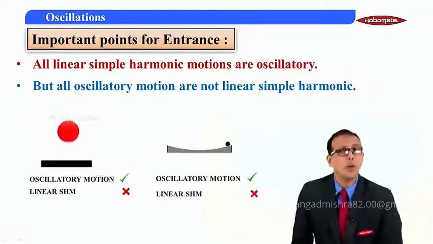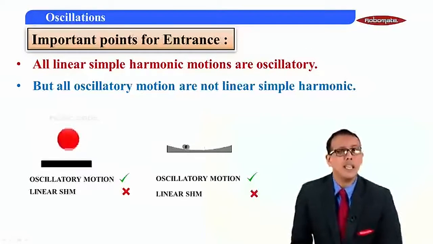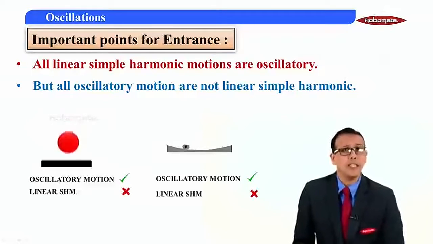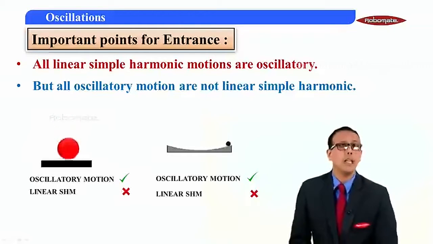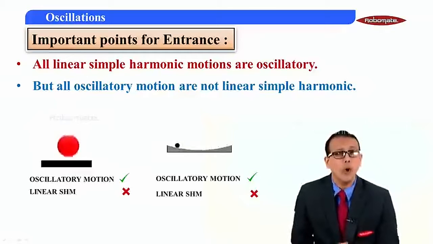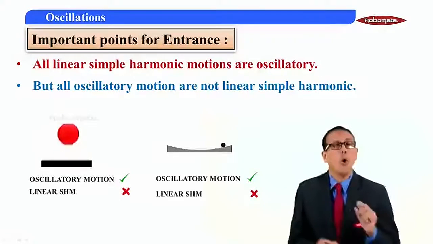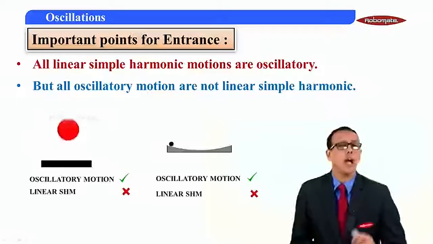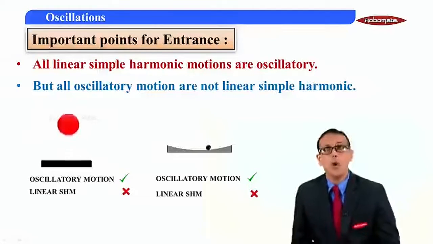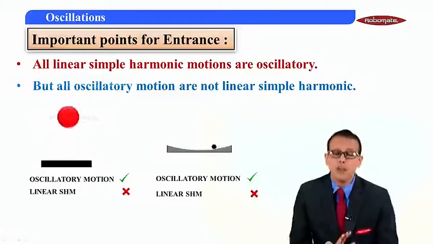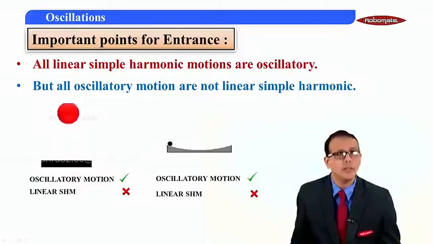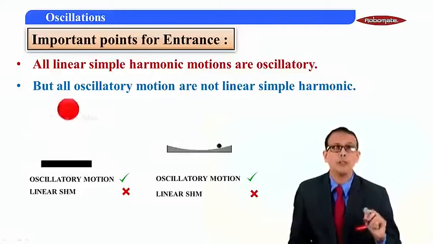So it is not performing a linear SHM. So I can say in both examples they were oscillatory but not linear SHMs. So I can conclude: all linear SHMs are oscillatory, but all oscillatory motions are not linear SHMs. Very important point for entrance, students.